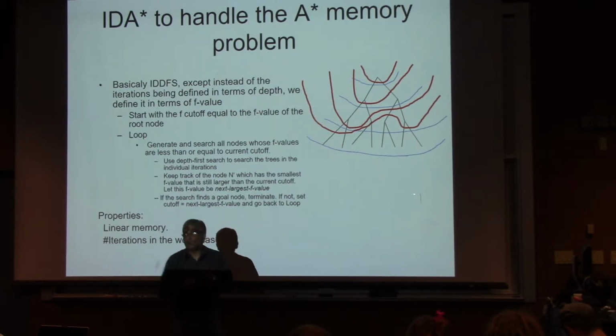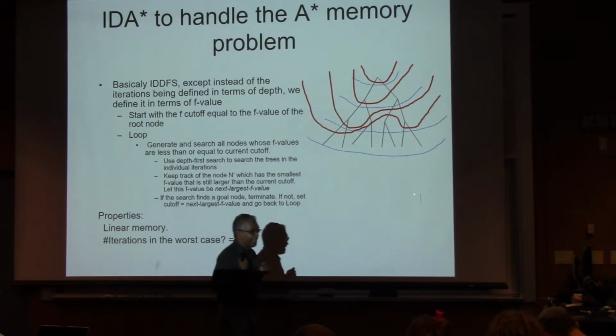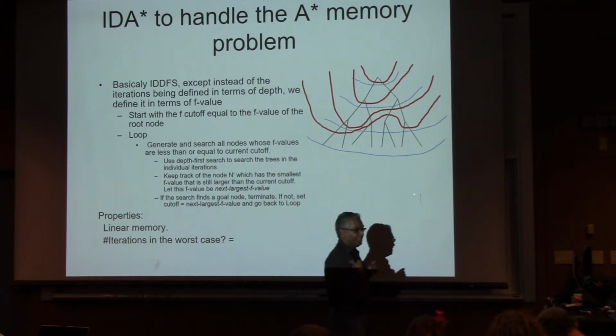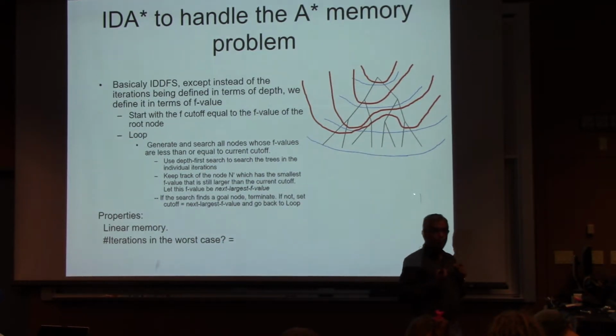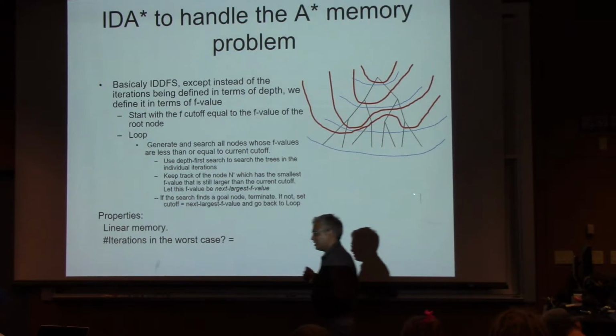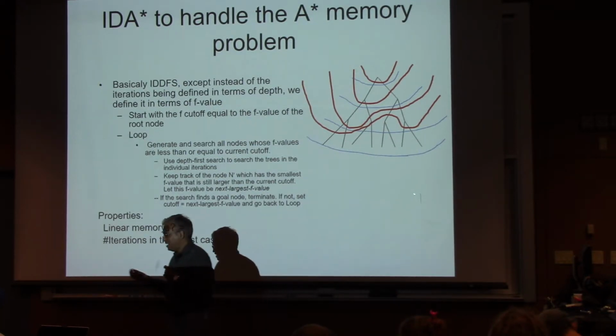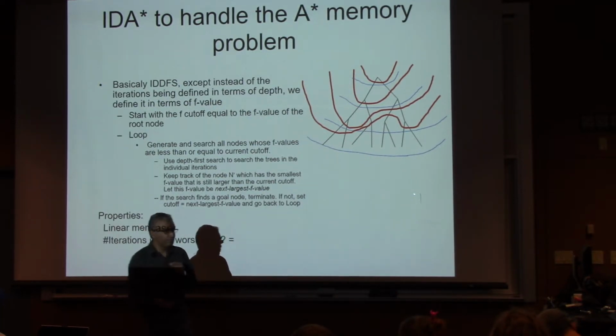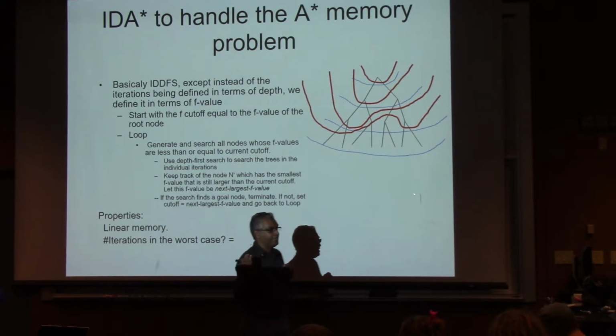What if that's the only node that comes into the tree in the next iteration? Then the number of iterations would be equal to how much? For IDDFS, how many were the number of iterations? D, right? The total depth of the tree. So there were D iterations for IDDFS.